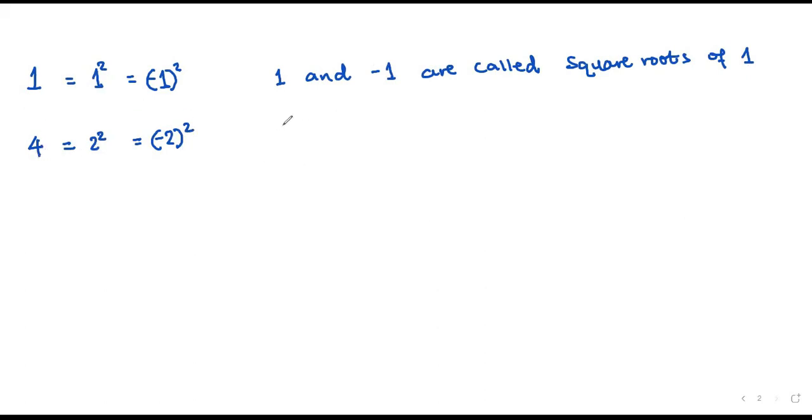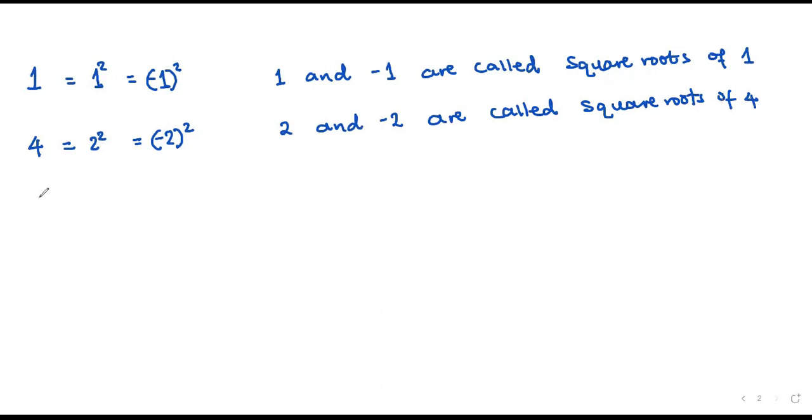So we say that 2 and -2 are called the square roots of 4.